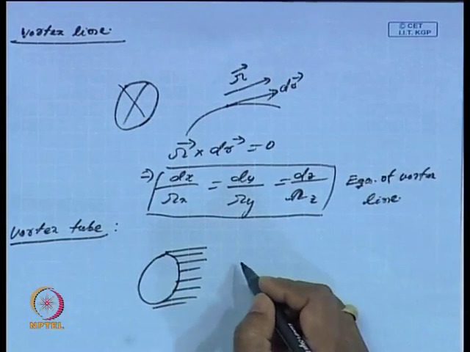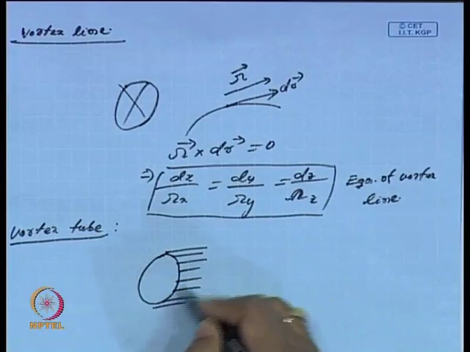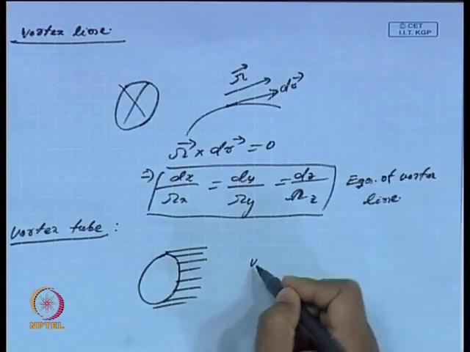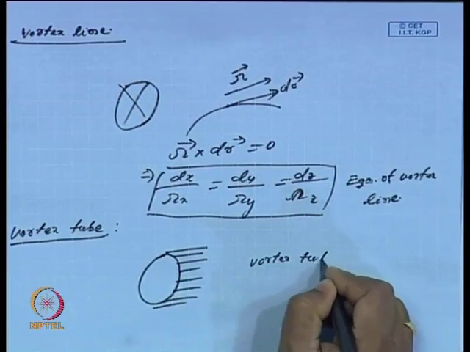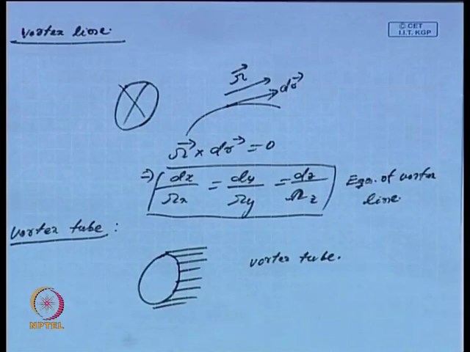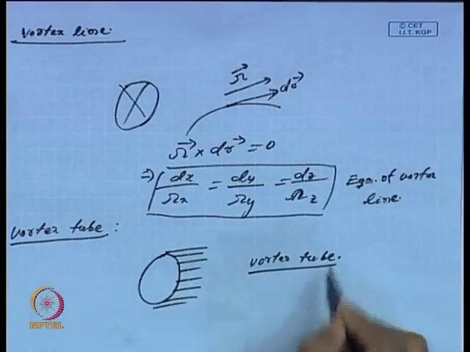Then the whole space bounded by these lines is called a vortex tube.